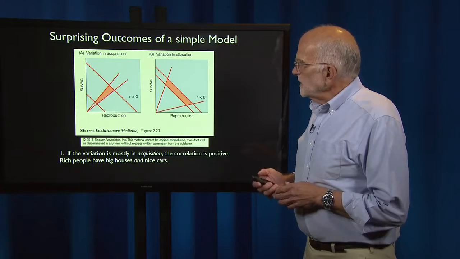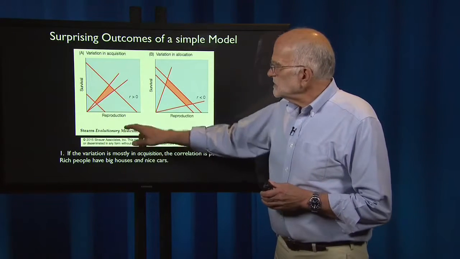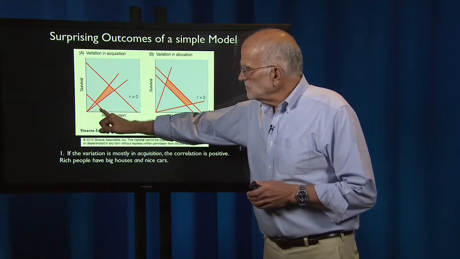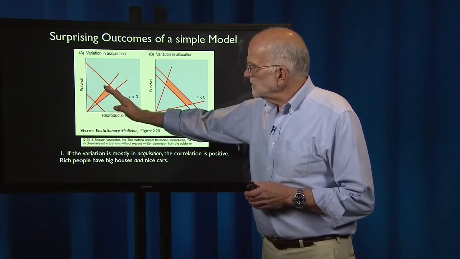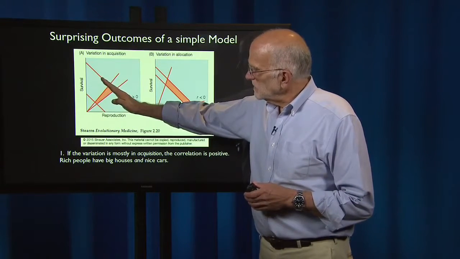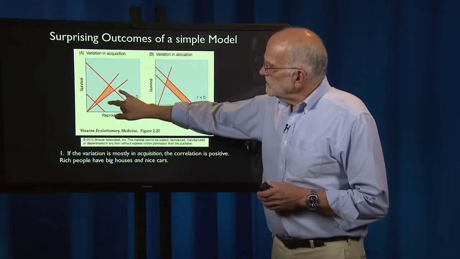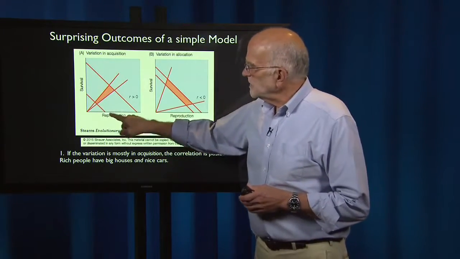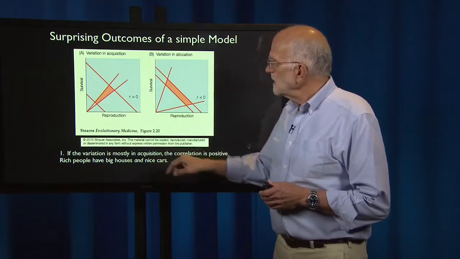Basically, what is going on here is that if the variation is mostly in how much energy is acquired, then this would be little energy acquired here, this would be a lot of energy acquired here, lower line, little energy, the upper line, a lot of energy. Then the variation in acquisition produces a positive relationship between reproduction and survival.